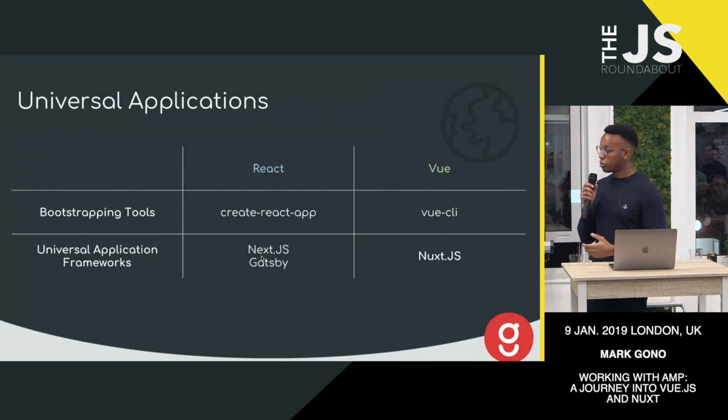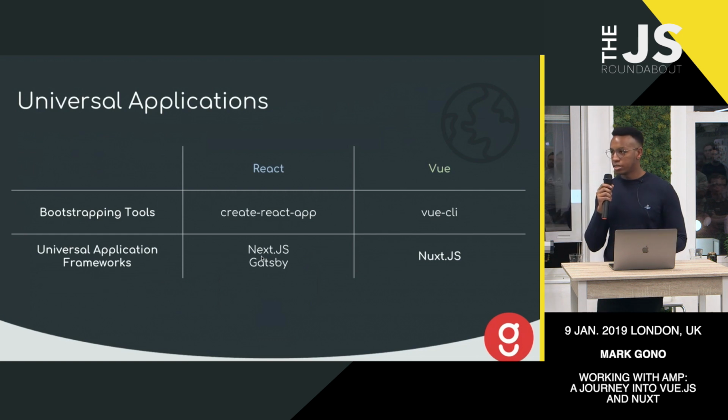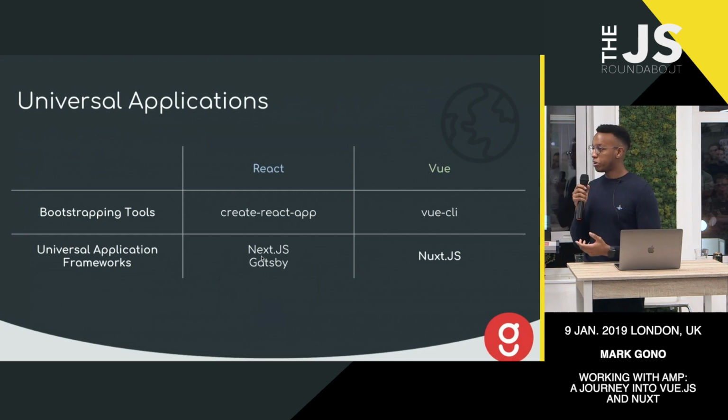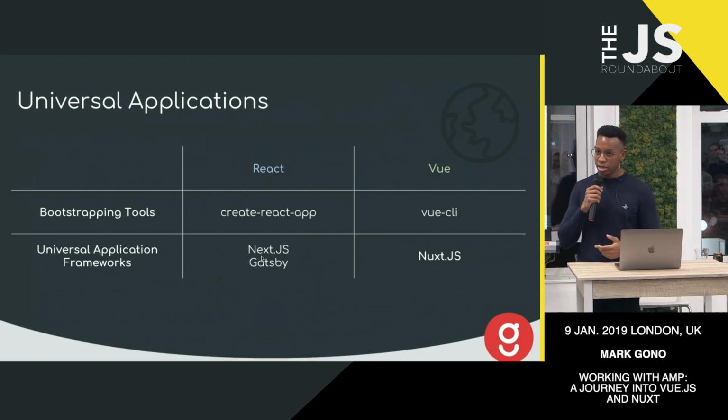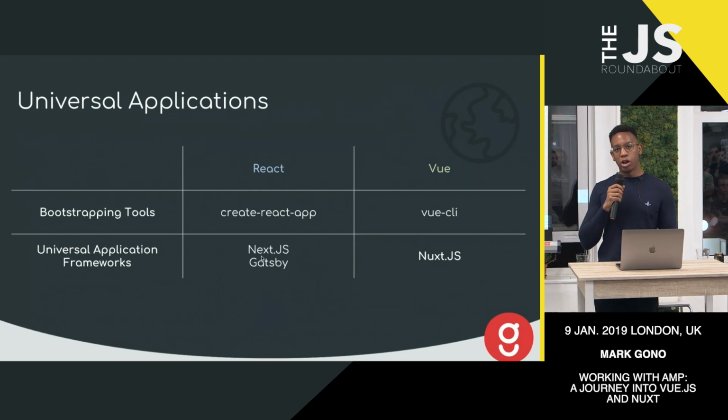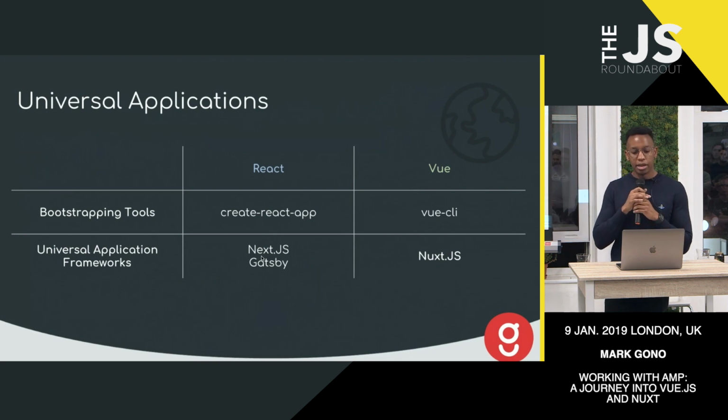There isn't that much of a focus on the actual build outputs of these tools. Whereas universal application frameworks like NuxtJS, Gatsby, and Next have a focus on not only getting the user writing as quickly as possible, but also this is an application, it's going to be put somewhere, and it shows.